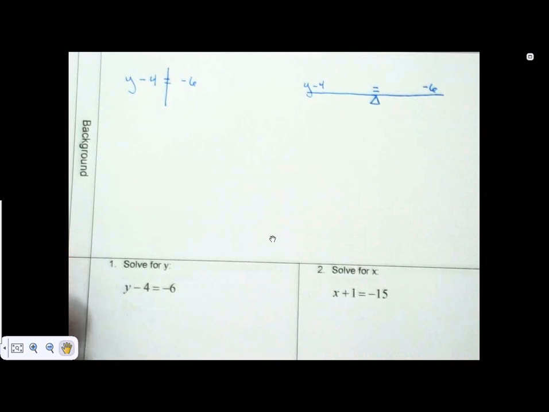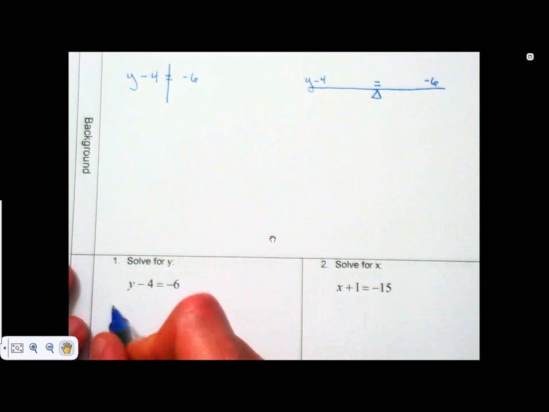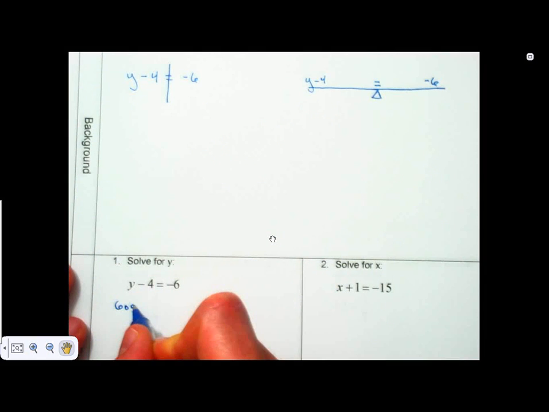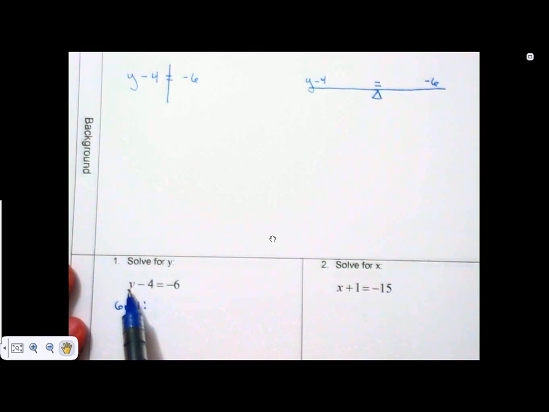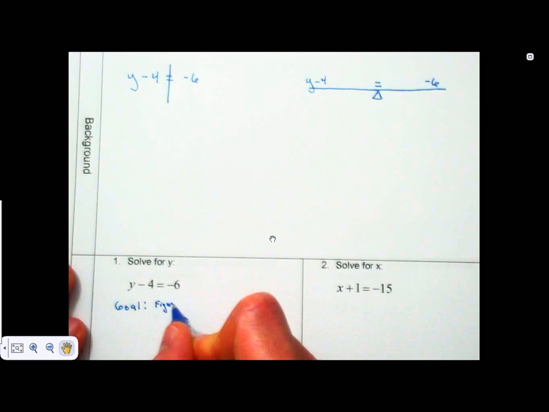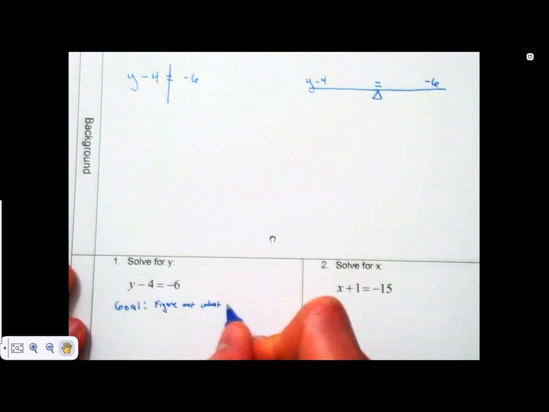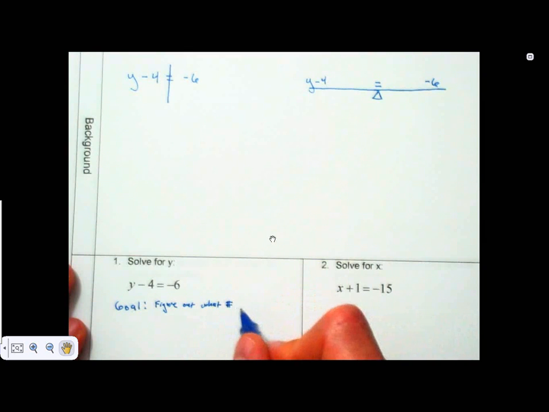So what's our goal when we're solving an equation? Well, if we're looking at number 1 as an example, we're supposed to figure out what number y stands for to make this equation a true statement. So our goal is basically to figure out what number or numbers y stands for.